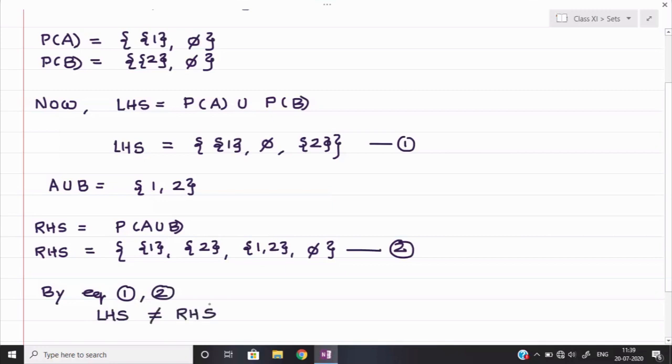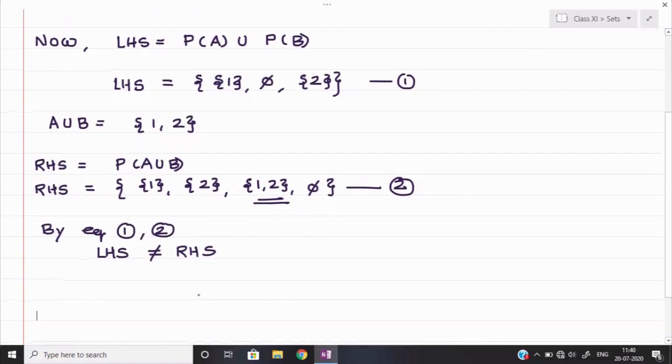Observe, they are not equal, because here {1}, {2} and the empty set are coming, but what about this {1, 2}? This is not a part of the LHS. Therefore, P of A union P of B is unequal to P of A union B, that we can see, right?